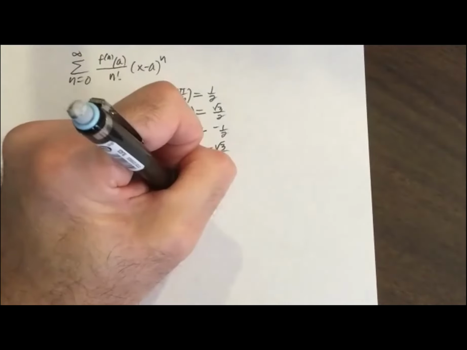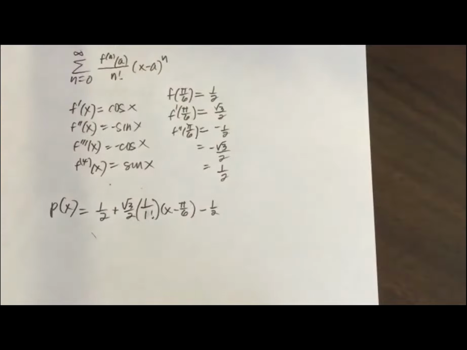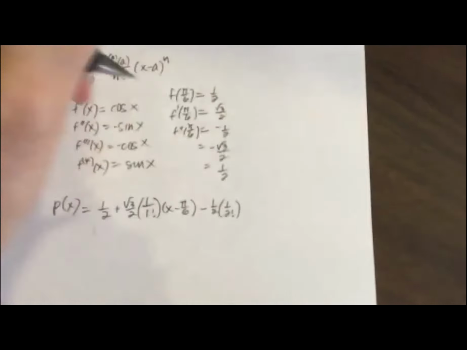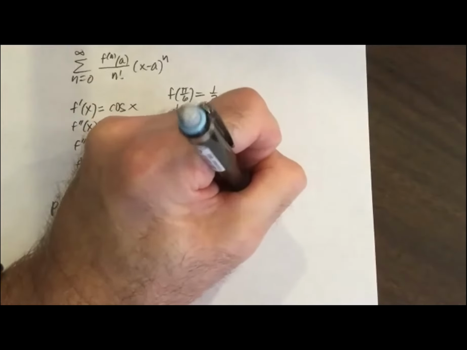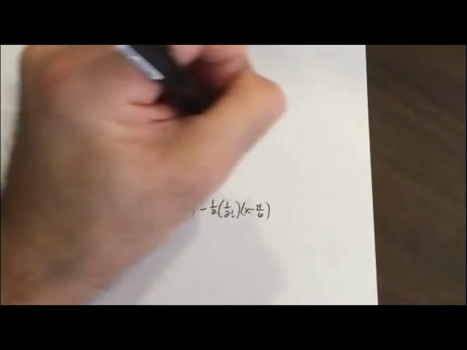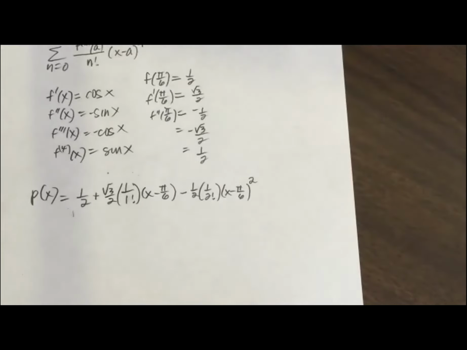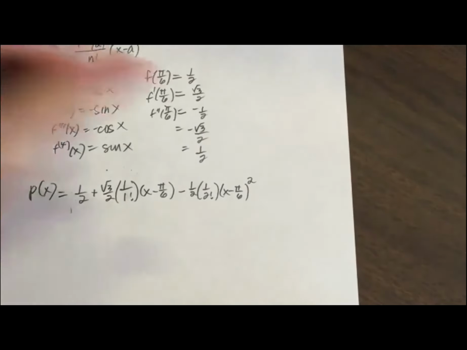And then we got the next one, minus 1/2, and then we've got 1 over 2 factorial, and then we've got x minus pi over 6 to the second power. I'm going to write one more.